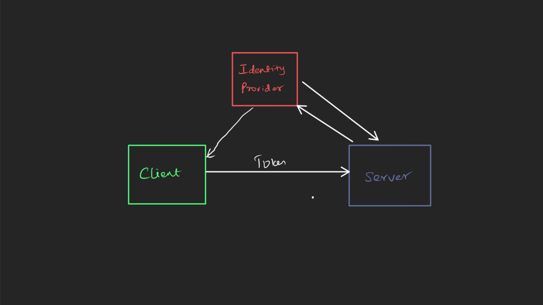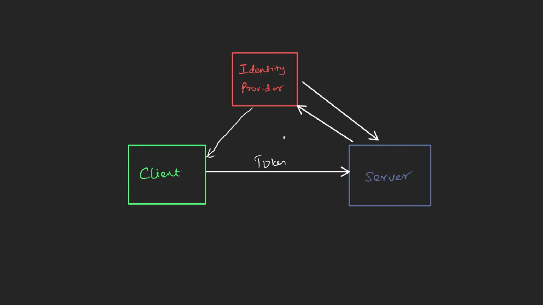In this setup, the problem is, if you see here, whenever a client submits a token, the server needs to go to the identity provider and verify whether the token is a valid token first. Then it also needs to get all the permissions that this particular client has. This means this is a centralized authentication and authorization.